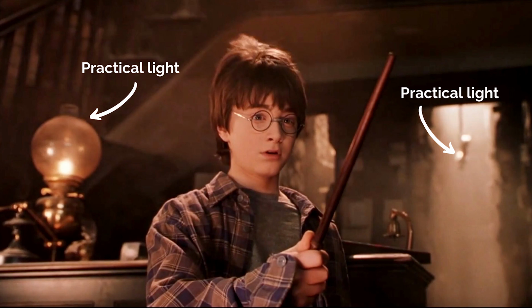Something like fairy lights that I sometimes use in my videos, or candle lights, or a subtle lamp in the background all make for great practical lights, and also add to the overall mood and ambience of your shot. Now, if you are sitting close to the camera like this, and there's some sort of practical light in the background, if you do it correctly and put it in the right place, you can really accent the background. And if your background is very blurry, it might even create some nice bokeh effects for you as well.